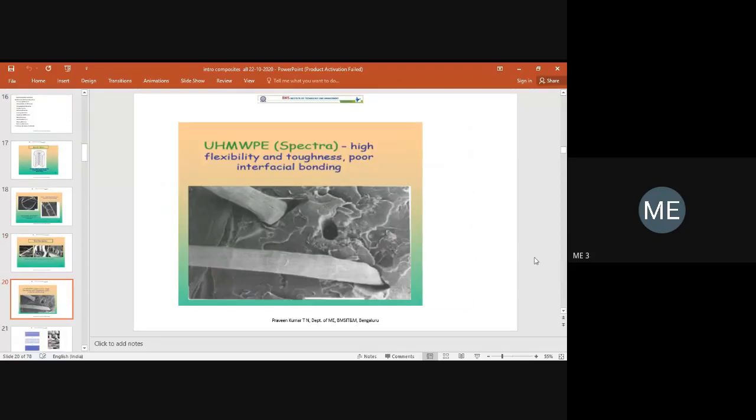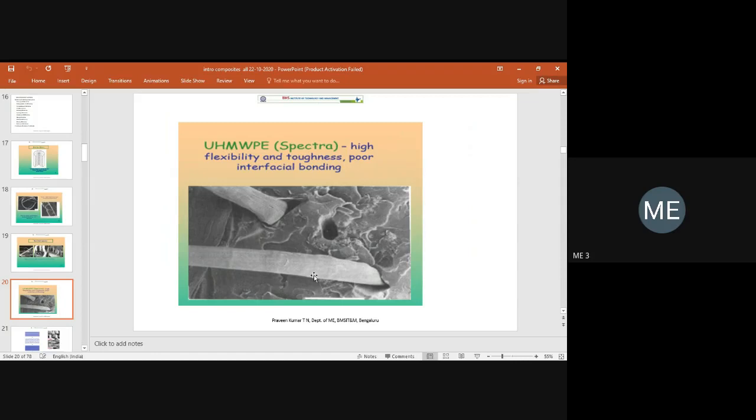Cement concrete is something you can observe at the macroscopic level, but with polymer matrix composite or metal matrix composite, you cannot identify the fiber at the macroscopic level because the fiber is very, very small. So in such cases you have to go for the microscopic view. Sometimes the fiber may come out from the matrix material.